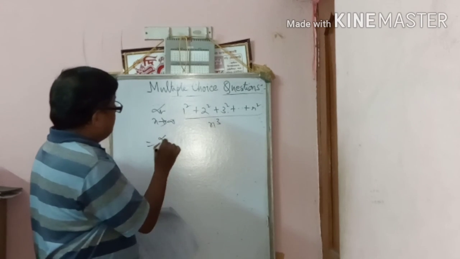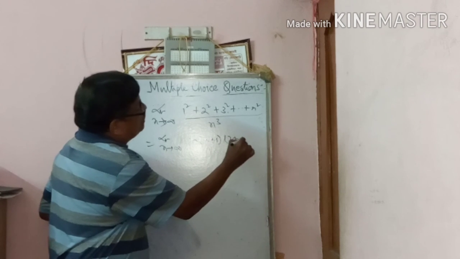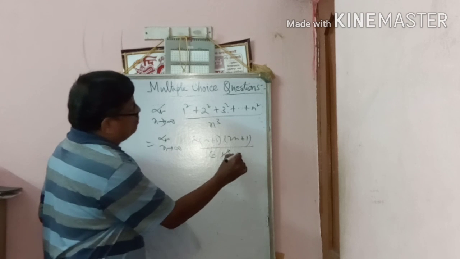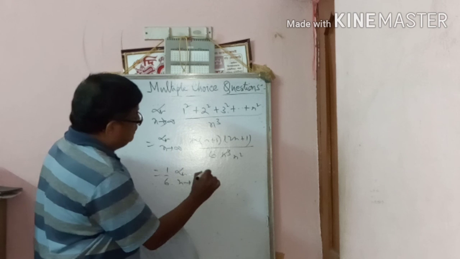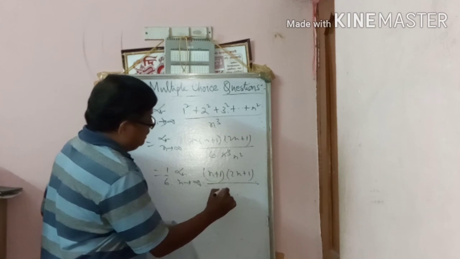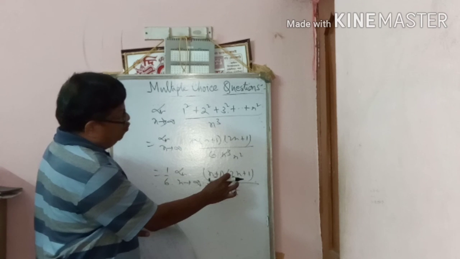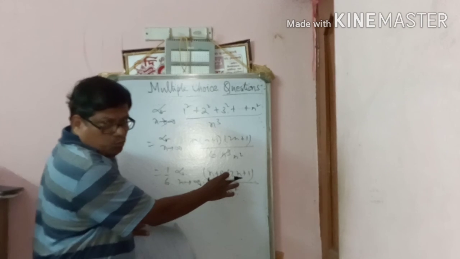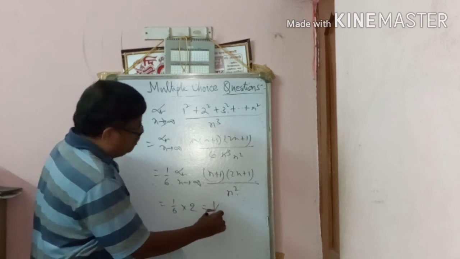So limit n tends to infinity of n into (n plus 1) into (2n plus 1) by 6n cube. One n cancels, n square is there, so 1 by 6 times limit n tends to infinity of (n plus 1) into (2n plus 1) by n square. Here the coefficient of n square is 2, and down is 1, so the answer is 1 by 6 into 2, that is 1/3.